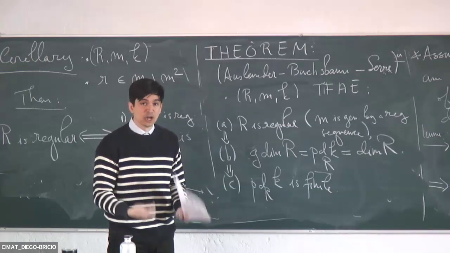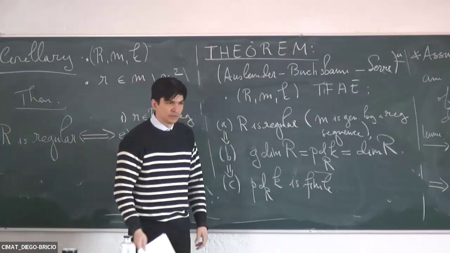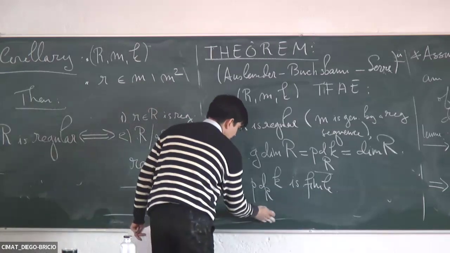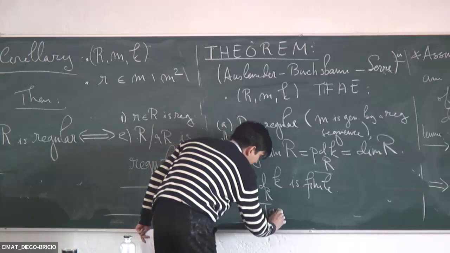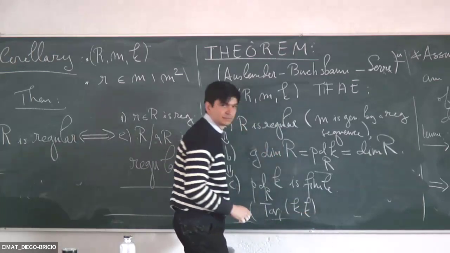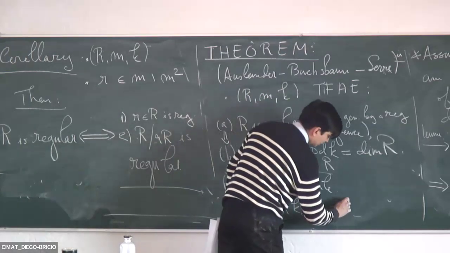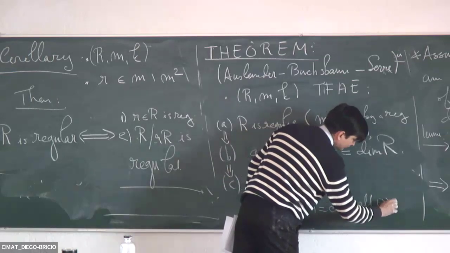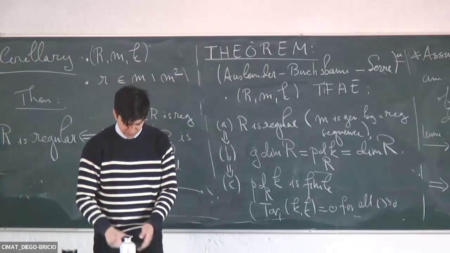If you do that and you stop, then this is regular. So notice that this is equivalent to saying that Tor_i(k,k) is 0 for all i large enough. Right?